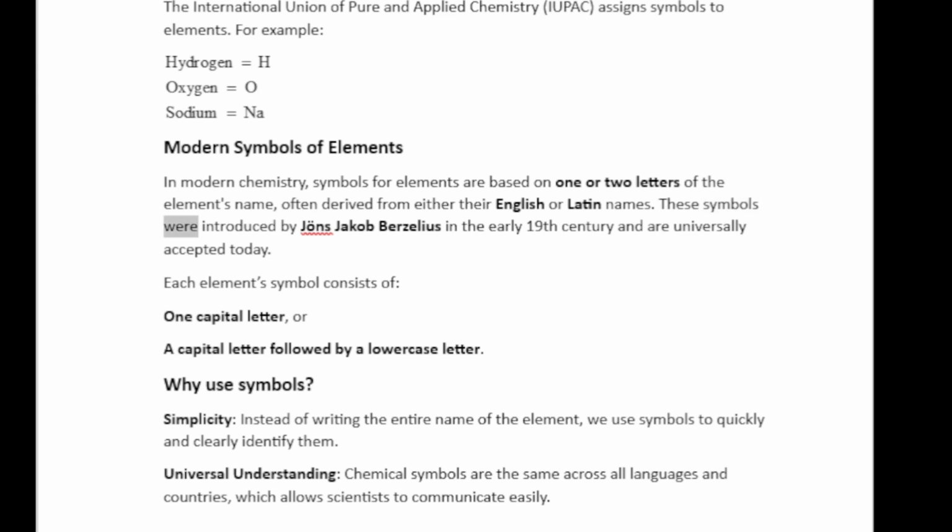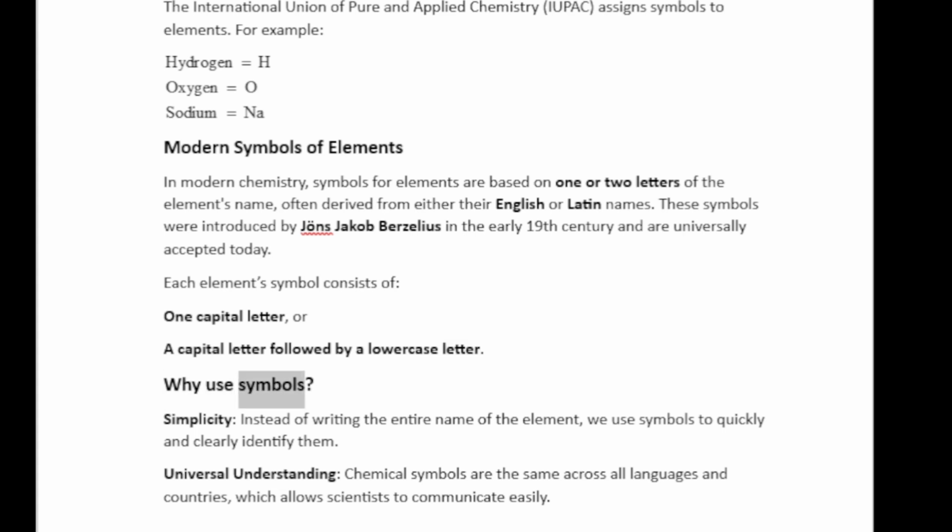These symbols were introduced by Johannes Jakob Berzelius in the early 19th century and are universally accepted today. Each element's symbol consists of one capital letter, such as O, or a capital letter followed by a lowercase letter.